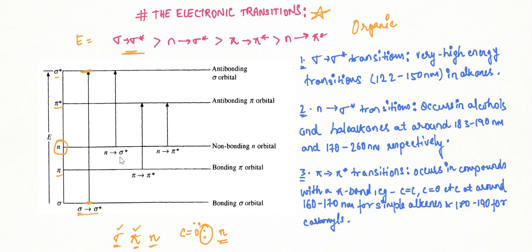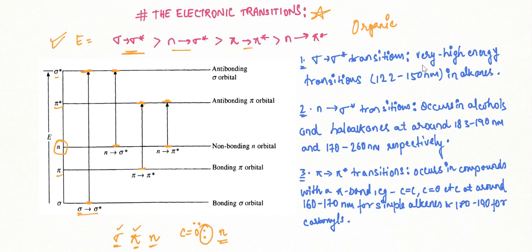Then we have N to sigma star, which is the non-bonded pair electron being transferred to the sigma star orbital. This is also high in energy but less than sigma to sigma star. Then we have pi to pi star, and then N to pi star. So these four are the basic, most important and most noted transitions in UV-visible spectroscopy.